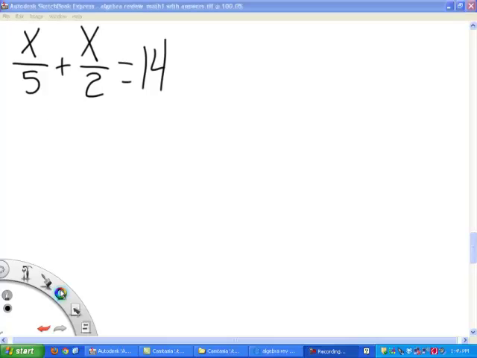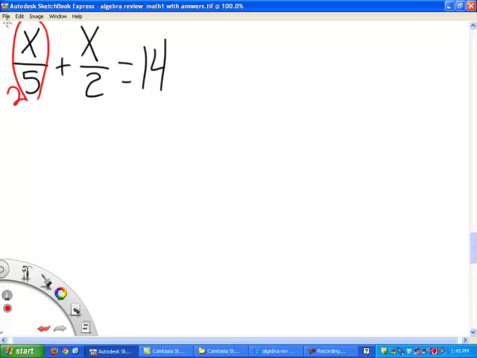Alright, doing number 8. So what we need to do is get the denominators to be identical before we can add them. To do that, I'm going to multiply the left side by 2, and the right side by 5, so that both the denominators become 10.